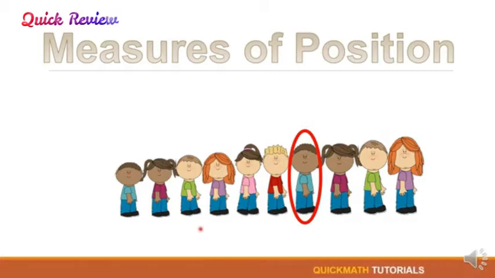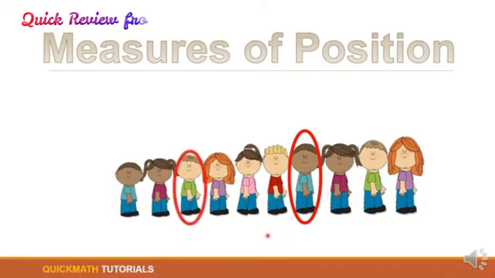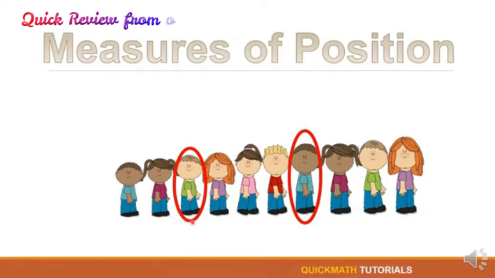It also means that 60% of the students are shorter than you. What if you are the 8th tallest student? How many percent of the students are shorter than you? Yes, there are 20% of the students who are shorter than you.